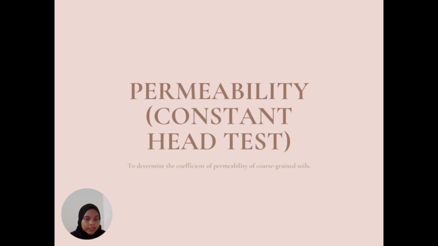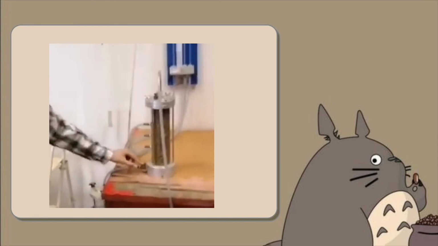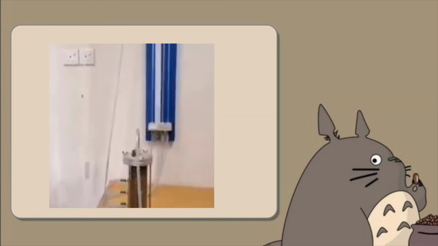The last one is permeability, constant head test, to determine the coefficient of permeability of coarse-grained soil. Apparatus: permeameter, complete with accessory, DI water, balance, mixing pan, graduated measuring cylinder, meter scale, stopwatch. Open the valve to fill the water from the reservoir to the tank.